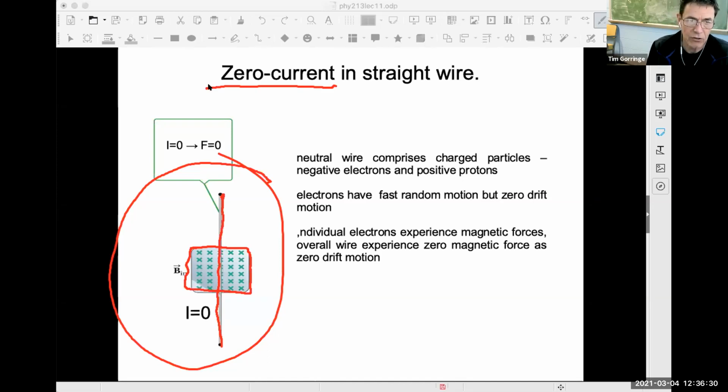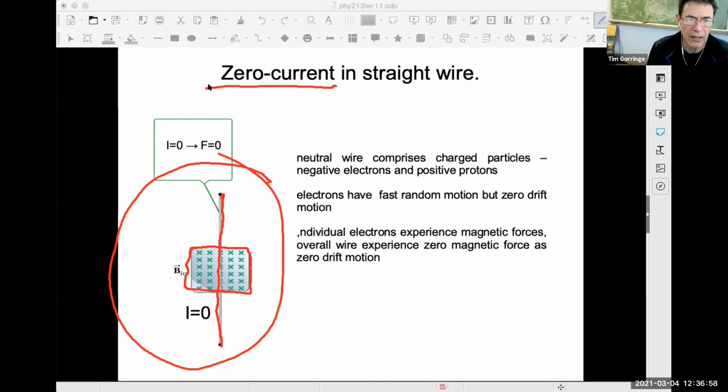The electrons, therefore, individually experience magnetic forces because they are moving charged particles in a magnetic field. So any given electron in that wire is experiencing a magnetic force. But those electrons are moving in random directions in the wire not carrying a current.